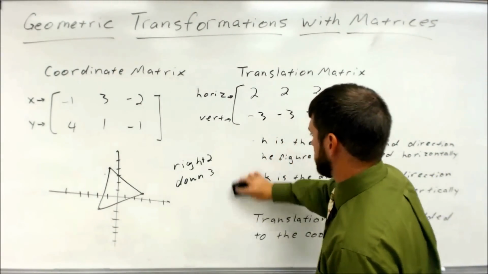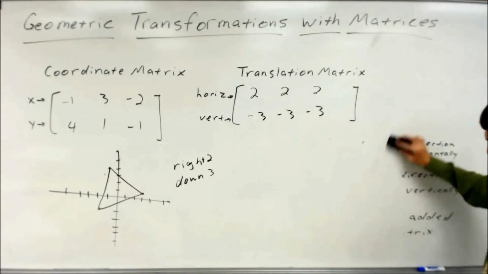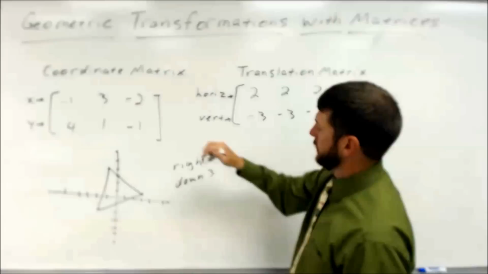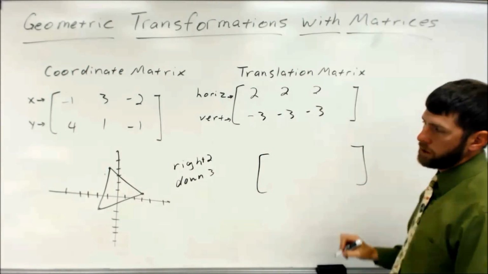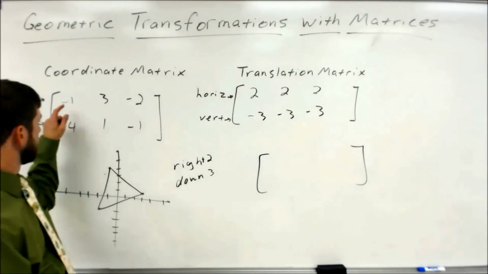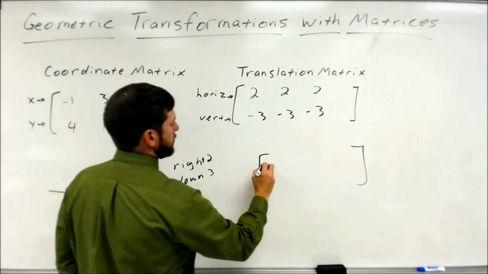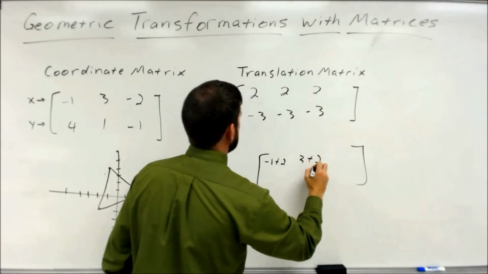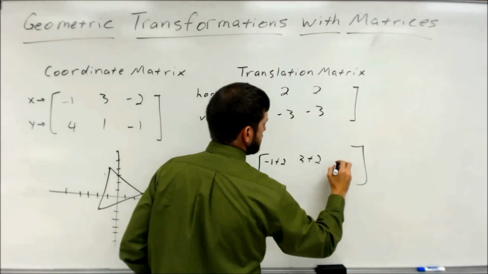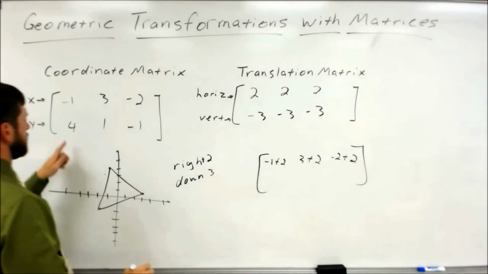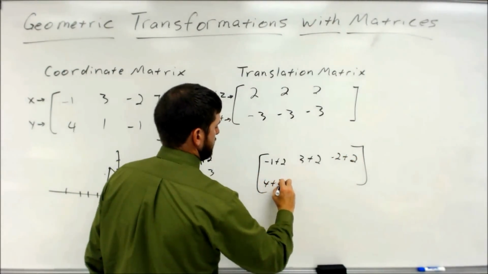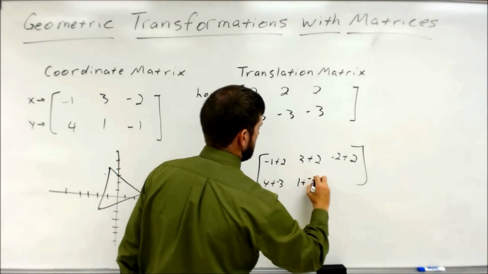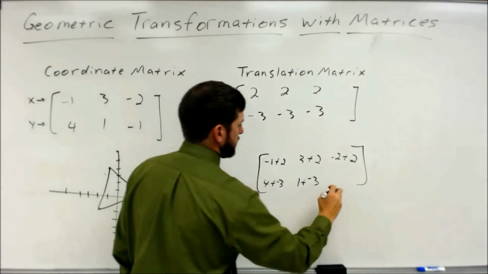If we do the arithmetic of adding, because that's all a shift or translation is, I'll get this new matrix: -1 + 2, 3 + 2, -2 + 2, 4 + -3, 1 + -3, -1 + -3.